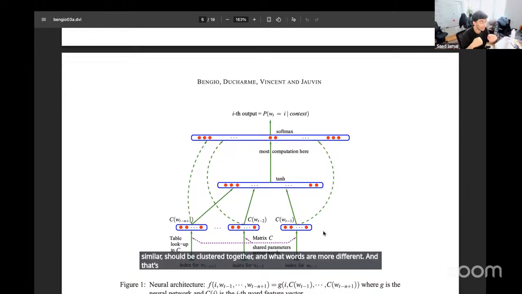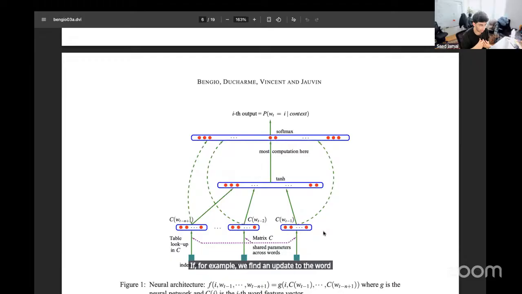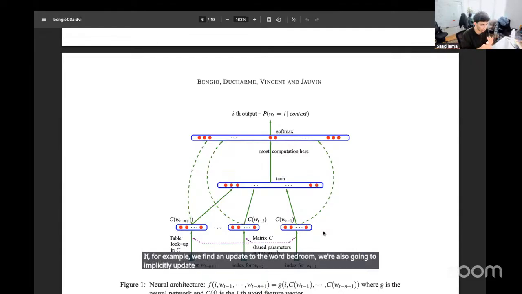And that's important because when we do our gradients and update our model, if, for example, we find an update to the word bedroom, we're also going to implicitly update words like room, living room, drawing room, right? So words that are similar in meaning, but aren't that exact word.